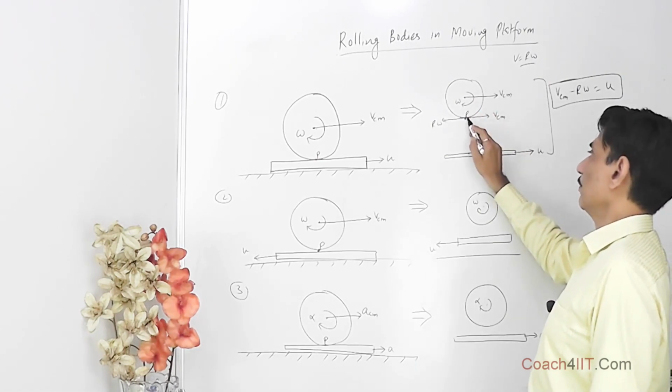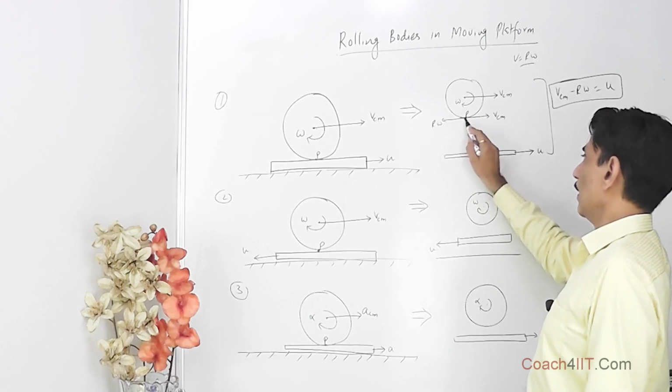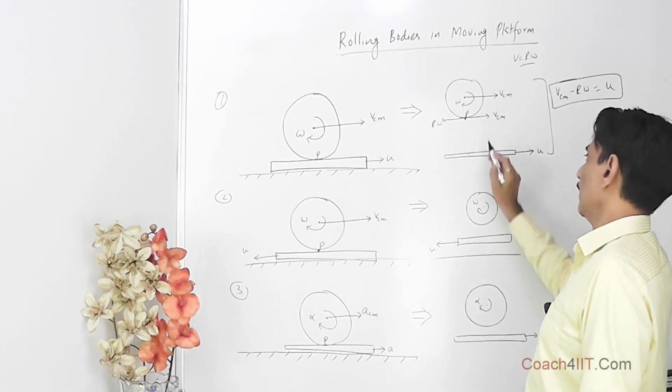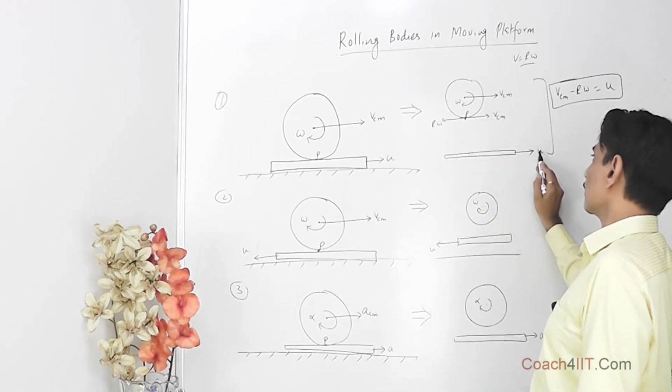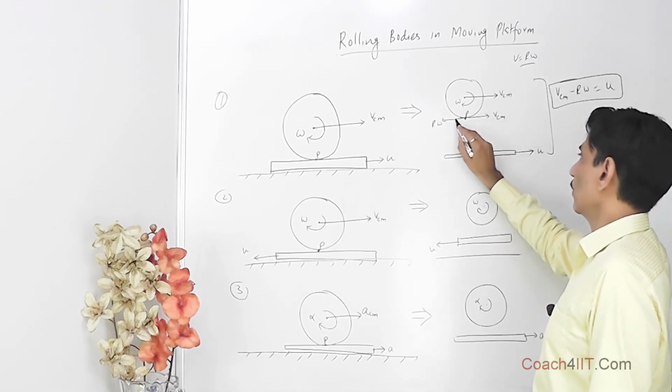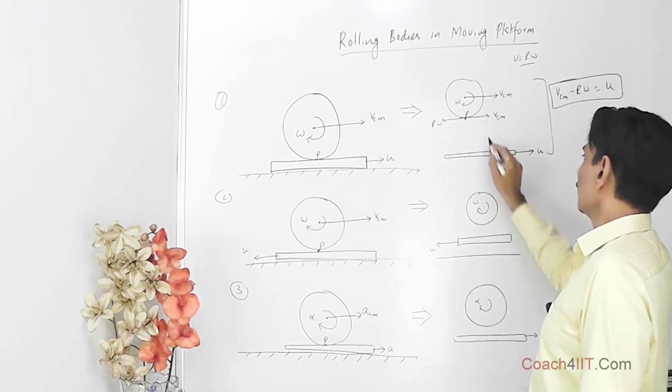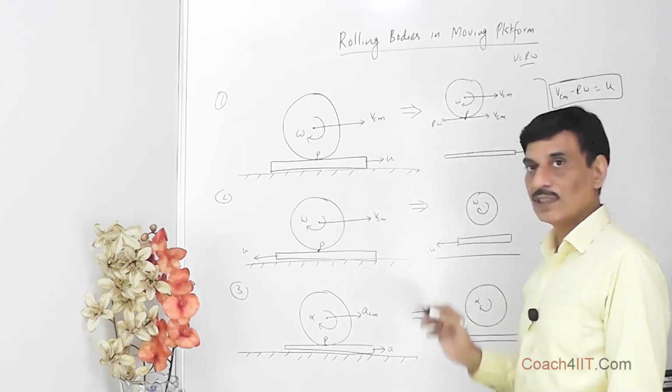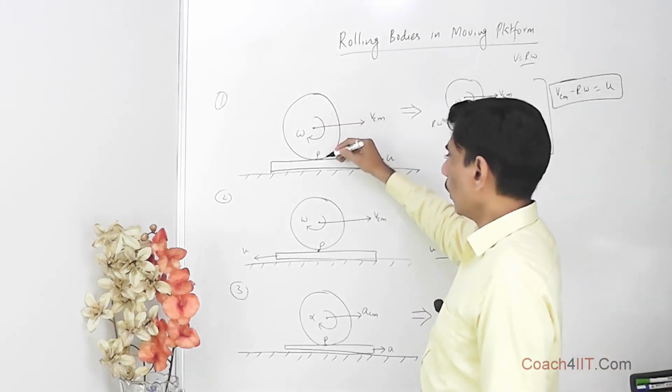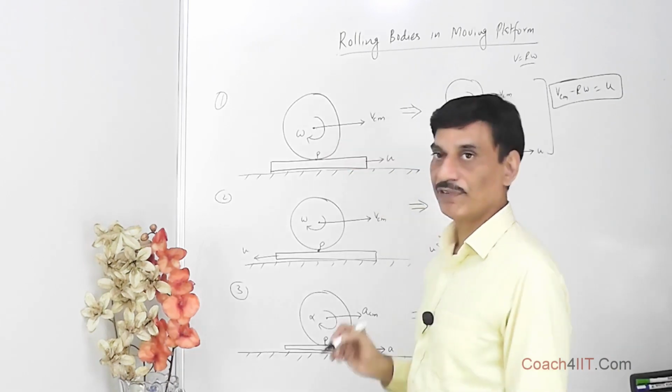Because of rotation, it has velocity this way, r omega. This should equal the velocity of the platform, in this direction. So vcm is greater than r omega, and vcm minus r omega equals u. If this is the case, the body will not be slipping or skidding over this surface.